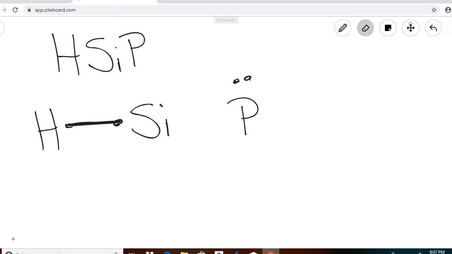Okay, so they each have 3, so we move those into the middle and you'll have a triple bond there. So again, if we look at the phosphorus, it has 8 valence electrons. Silicon has 6 on this side and 2 on the left side. That gives it 8, and hydrogen has its 2.